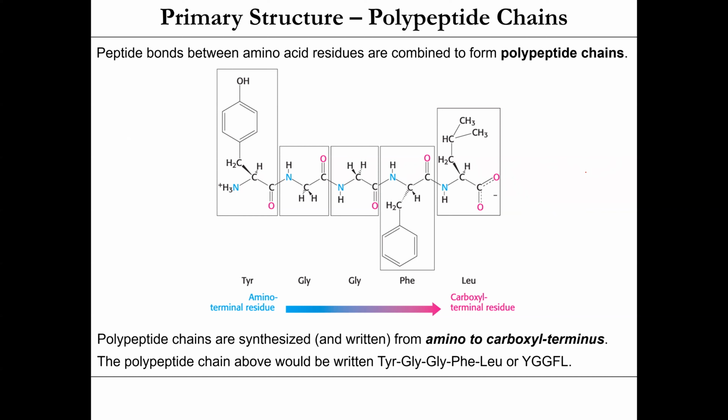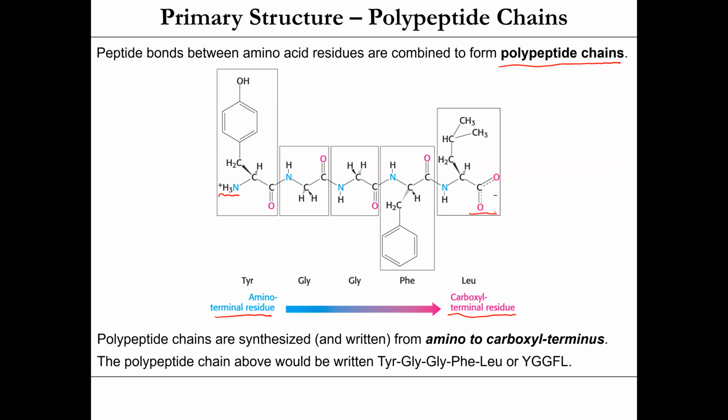As I said, these peptide bonds between amino acid residues are going to be combined and lengthened to form a polypeptide chain. Polypeptide chains are both synthesized and written from the amino terminus to the carboxy terminus. This is the way they're synthesized in the cell, and it's also the way you would write them when writing out a polypeptide chain. So always from amino terminal residue to carboxy terminal residue.